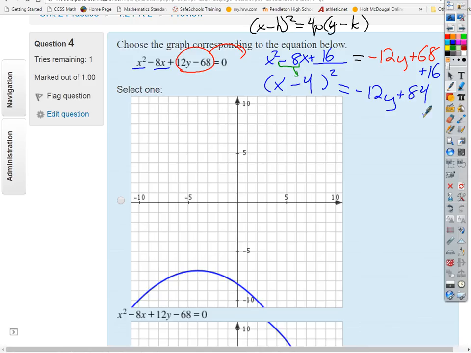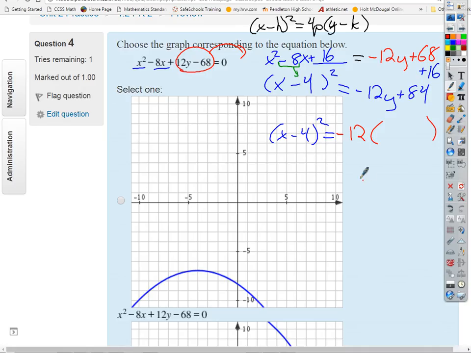Okay, the last thing I've got to do is factor out a negative 12, right? I've got to undistribute a negative 12 from both terms on the right. Okay, so then we'd end up with x minus 4 squared equals negative 12, and what's going to be left over?